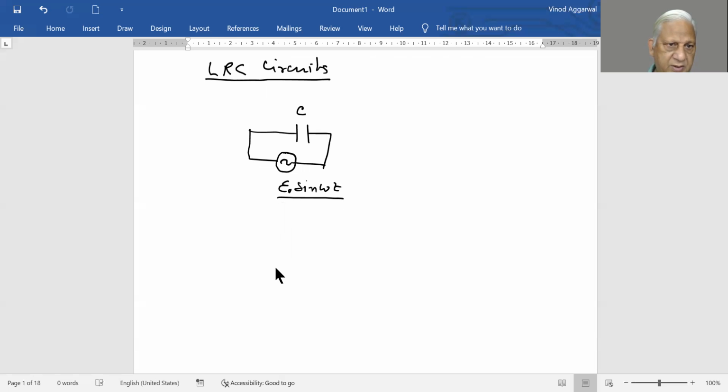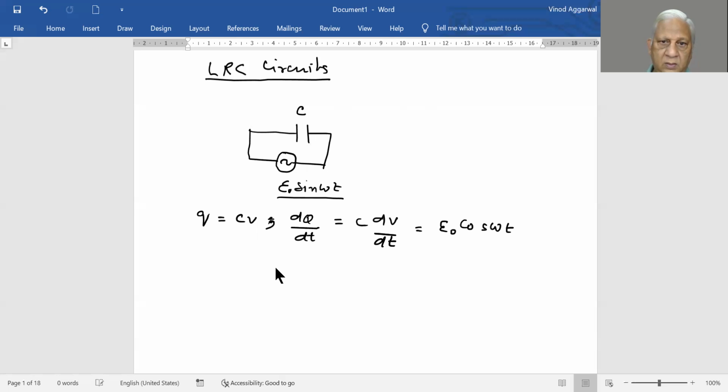Now we know for a capacitor, Q is equal to CV, and we know that dq by dt is equal to C dV by dt.